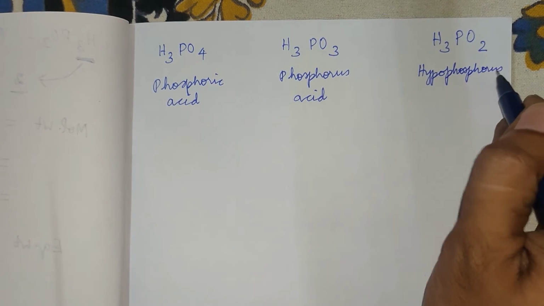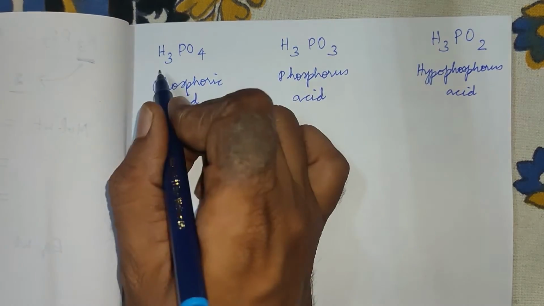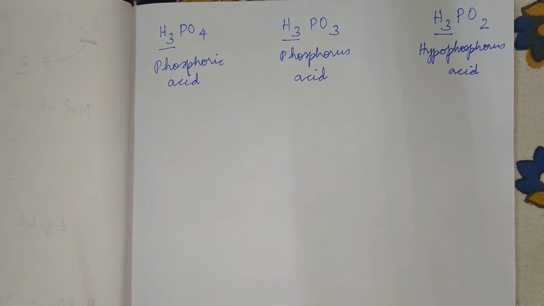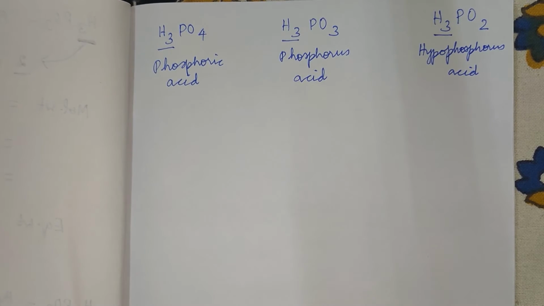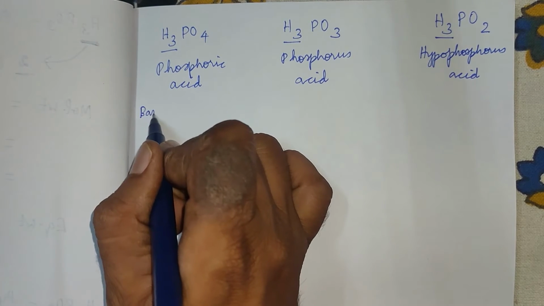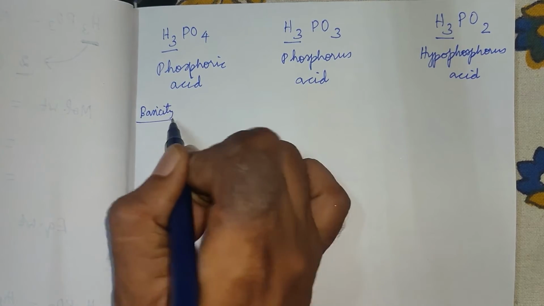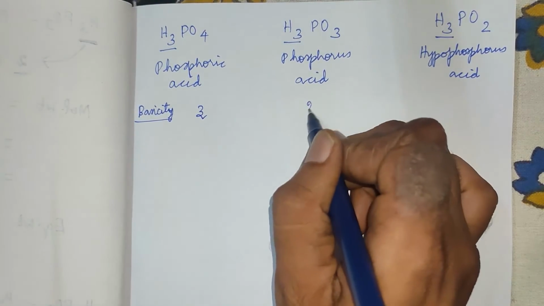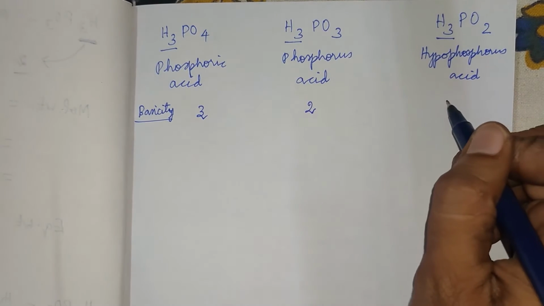Right? Now for these acids, the number of hydrogen is 3 in all the cases. Whereas the number of replaceable hydrogen, which is called basicity, is not the same. In the first case the basicity is 3, in the second case the basicity is 2, and in the third case the basicity is 1.